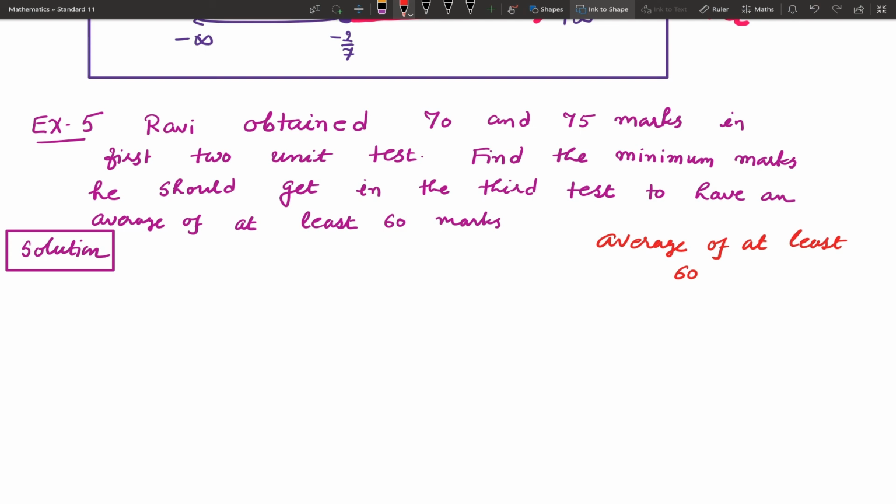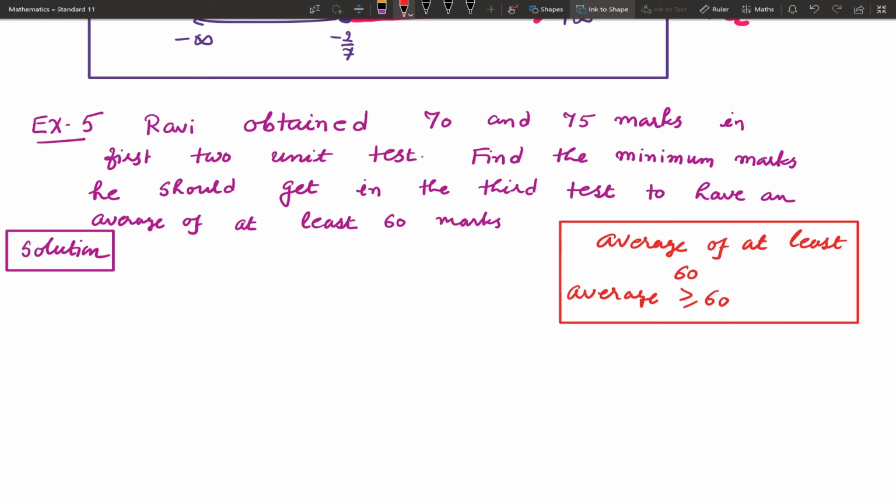So average must be greater than or equal to 60. You should focus on the interpretation of this, when we are given that the average is at least 60, it is greater than or equal to 60.